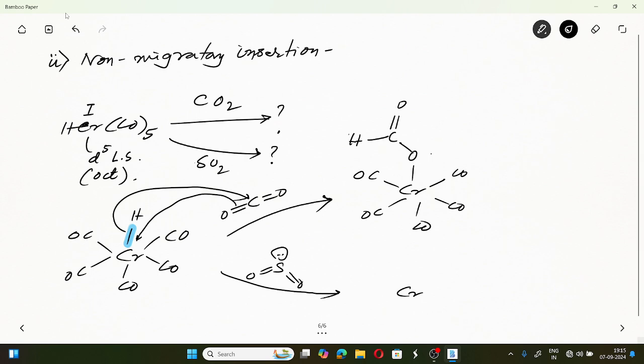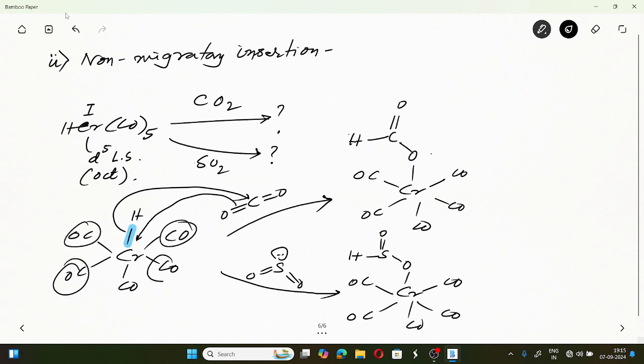So this is Cr, CO CO CO CO, আর এখানে একই ব্যাপার O double bond O H, like this. So this is a non-migratory insertion because hydride is not migrating towards these carbonyls. এই যে চারটে cis carbonyls আছে এখানে হাইড্রাইড মাইগ্রেট করছে না, বুঝতে পেরেছো তো? হাইড্রাইড কিন্তু এখানে রয়ে গেছে.